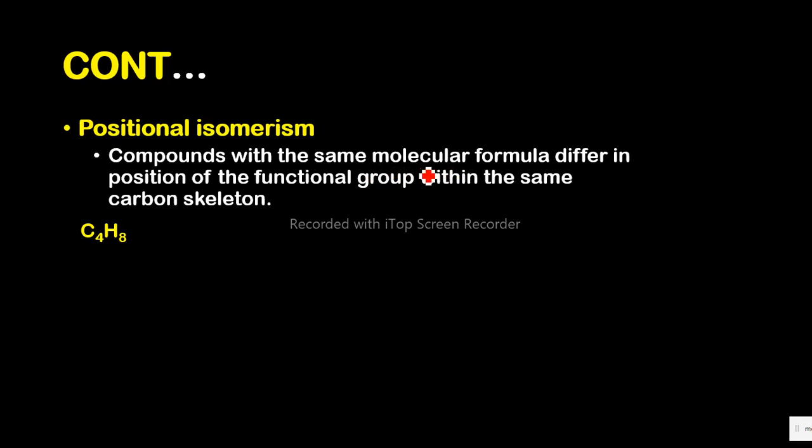These are compounds with the same molecular formula but different positions of the functional group within the carbon skeleton. So for example, C4H8. Can you write for me the isomers? Because you now know. You try the isomers because I might not go in the chat box to check. The answers will be there. C4H8. You hurry up.